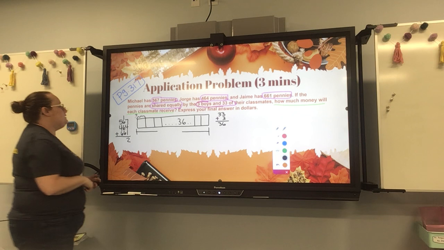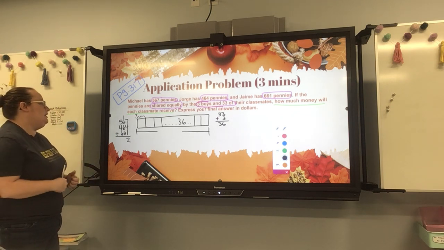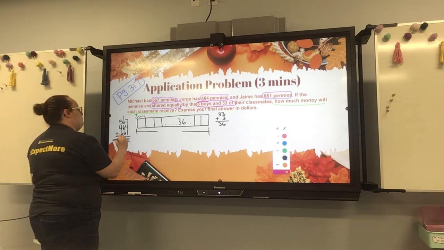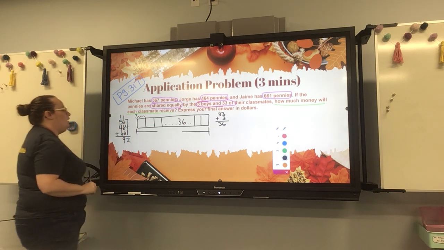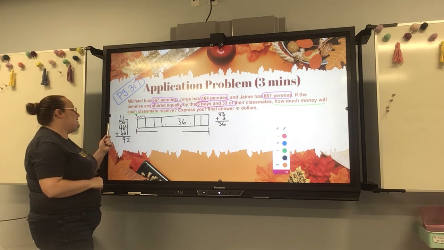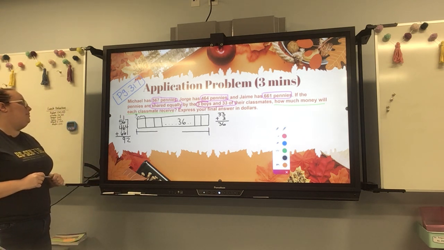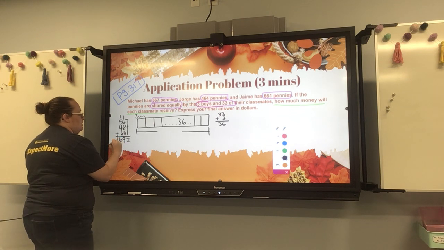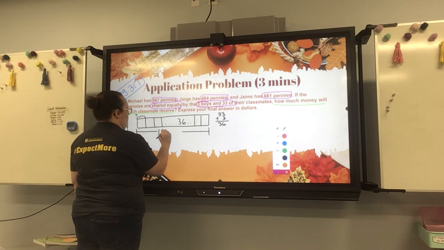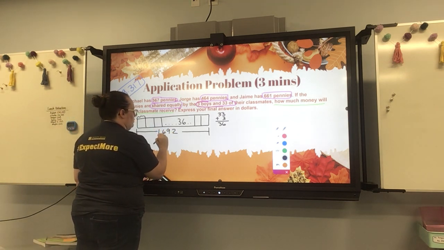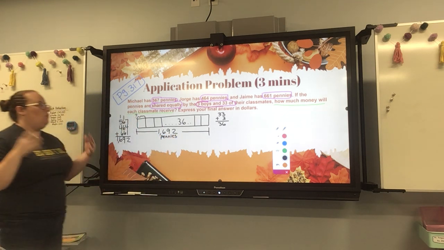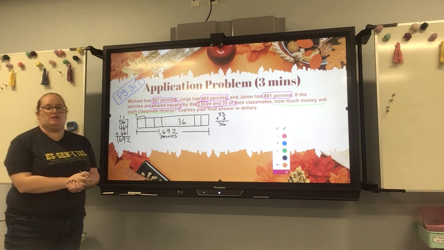Carry the 1. 6 plus 1 would be 7. 7 plus 6 would be 13. 13 plus 6 would be 19. Carry the 1. 5 plus 1 would be 6. 6 plus 4 would be 10. 10 plus 6 would be 16. So they have 1,692 pennies.